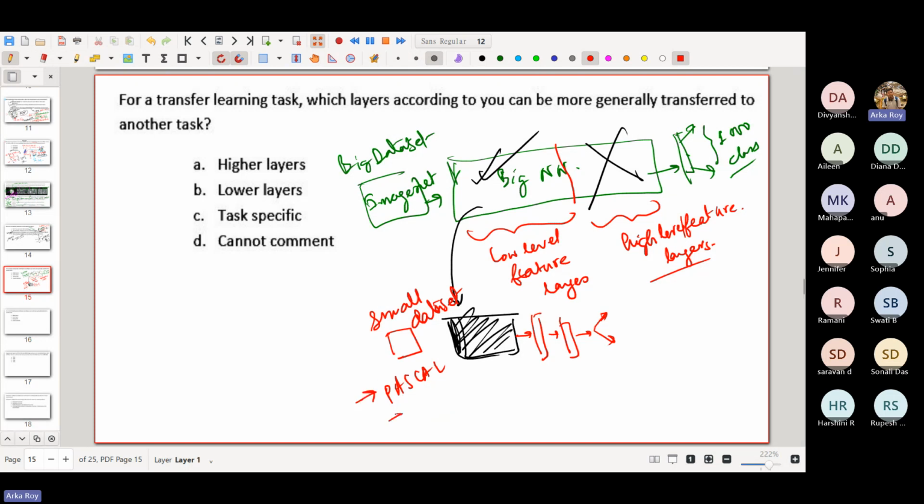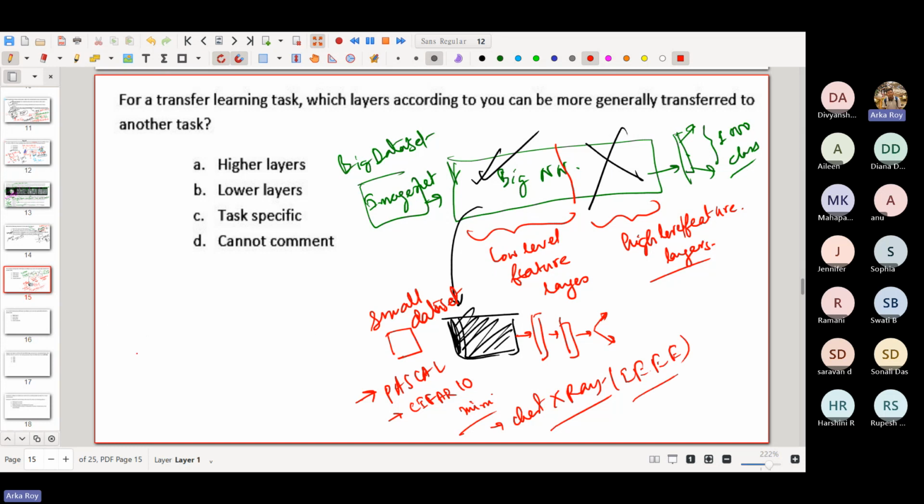For example, Pascal only, or let's say CIFAR-10 mini. These sorts of data sets you can use, or let's say any chest X-ray classification task. You'll see many papers in IEEE where chest X-ray classification is done using transfer learning.